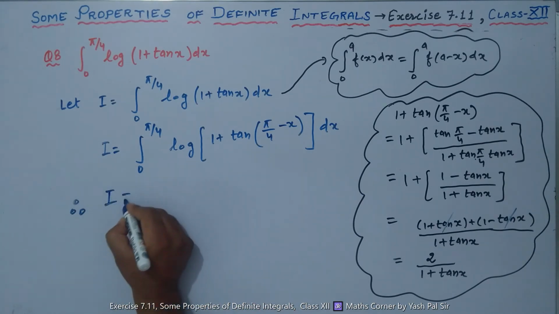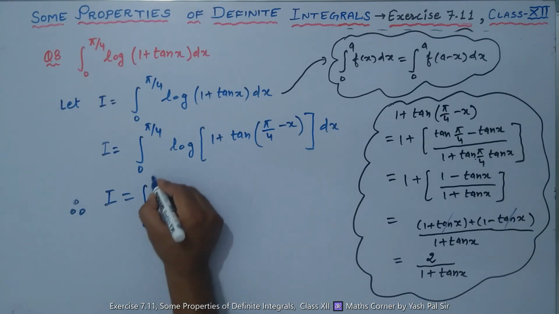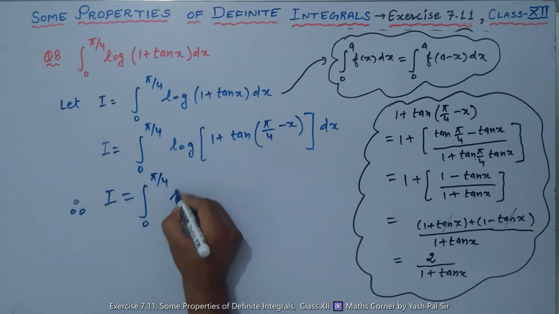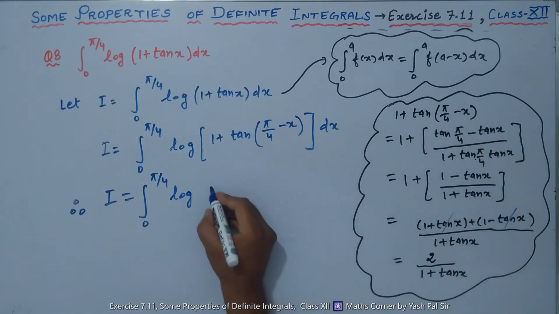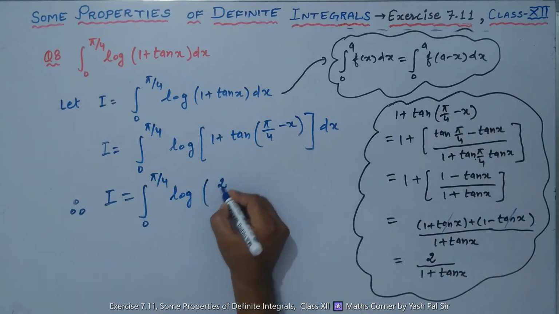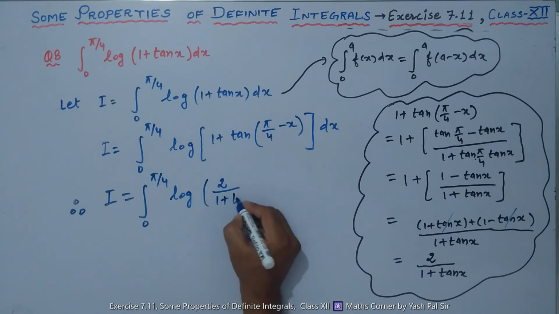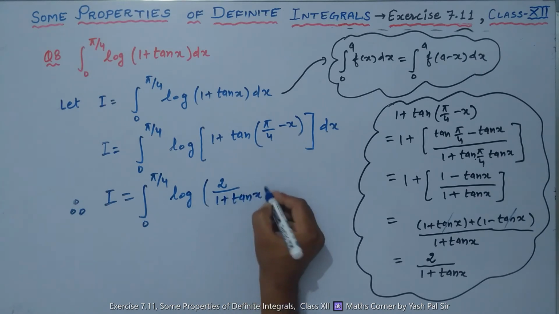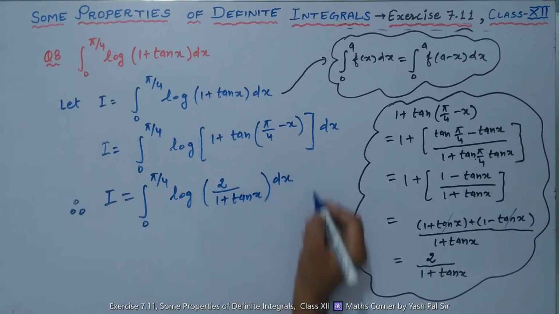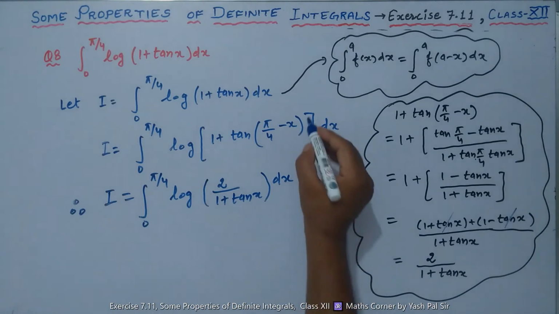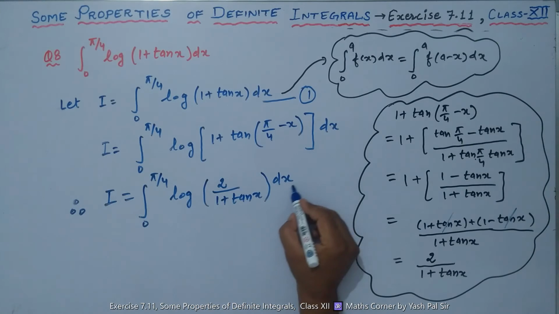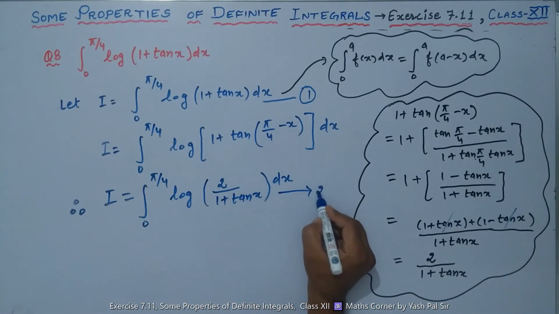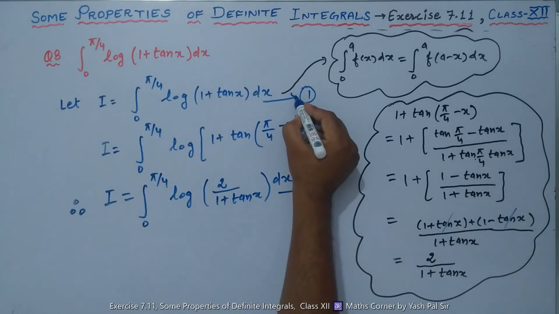The question becomes I is equal to integral 0 to pi by 4 of log of this whole, which is equal to 2 upon 1 plus tangent of x, into dx. So suppose this is equation number 1 and this is equation number 2.